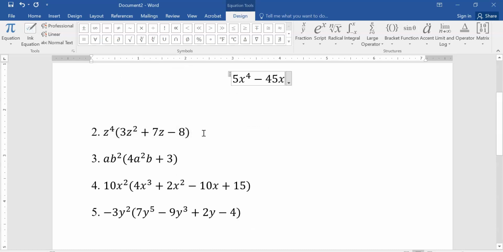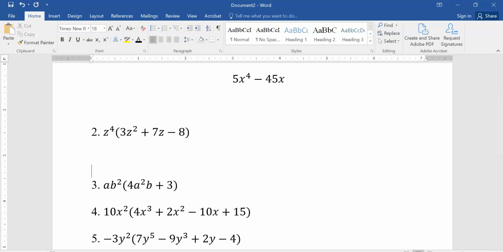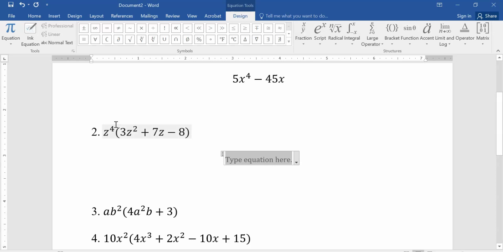Problem number 2 says to multiply z to the fourth times 3z squared plus 7z minus 8. So I distribute. The first multiplication we're going to do is z to the fourth times 3z squared.